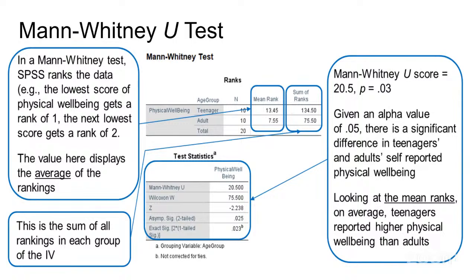So here you can find the teenagers' mean rank, that is 13.45, and in case of the adults, it is 7.55. Therefore, you can tell that the teenagers' physical well-being is better than the adults'. Okay, next.